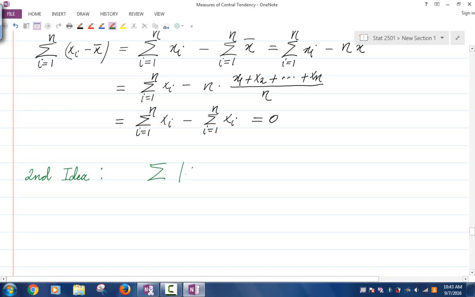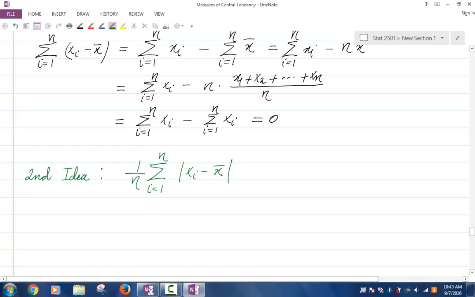So instead, let's look at |xi minus x bar|. Remember, xi minus x bar is called the deviation of xi from x bar. So why don't we look at the average of the absolute values of the deviations, right?